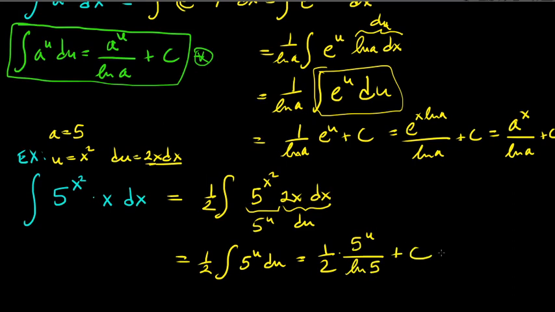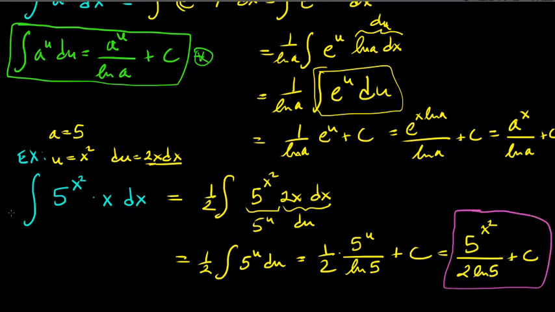And then just change u back to x squared. So this is 5 to the x squared divided by 2 log 5 plus c. Let me change color here. So that's the answer to this problem.